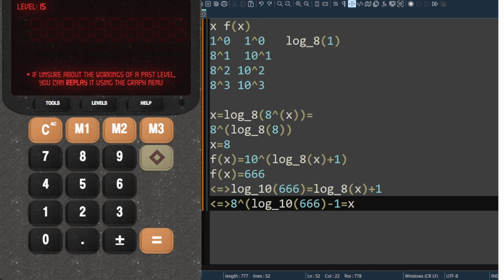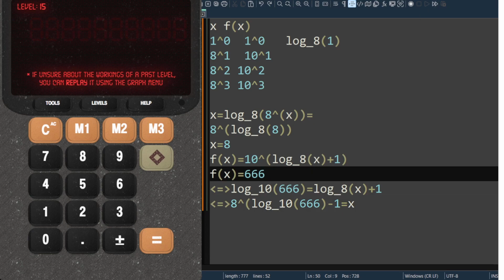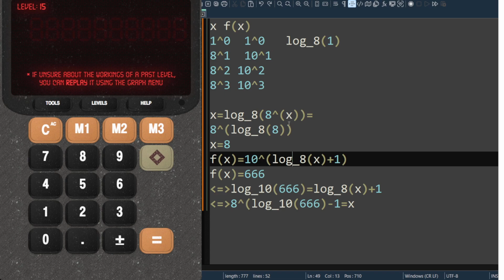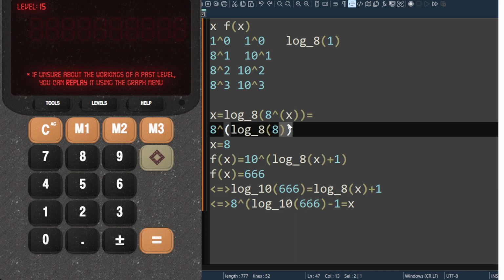Nah, this isn't the function. Definitely not the function. If I get rid of one thing... Nope, so this is not the function. Maybe I'm making a rudimentary mistake, I don't know.